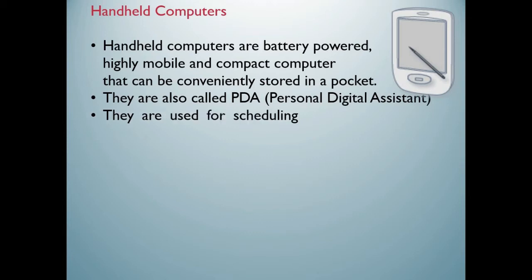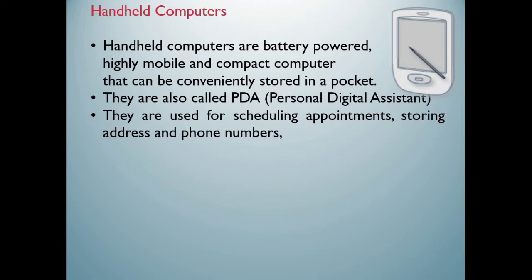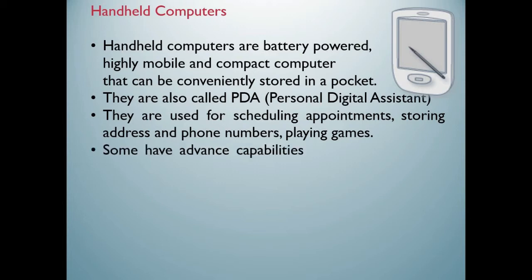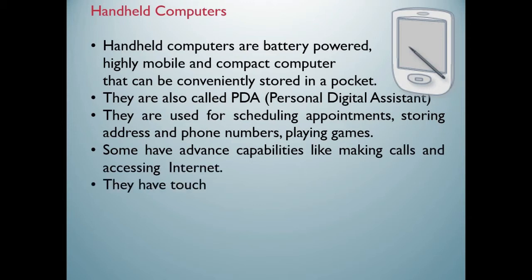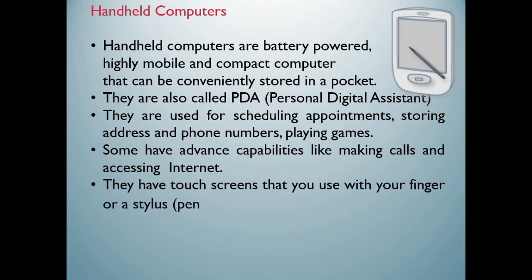They are used for scheduling appointments, storing addresses and phone numbers, and also for playing games. Some have advanced capabilities like making calls and accessing the internet. They have touch screens that you use with your finger or a stylus. A stylus is a pen-shaped pointing device.